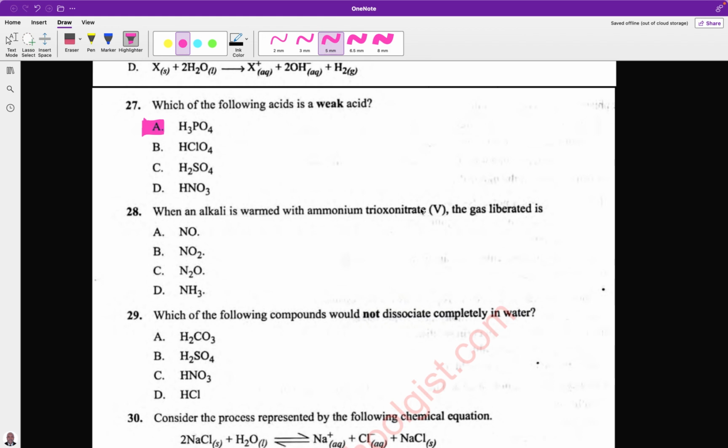And if the gas being produced here turns the red litmus paper blue, it shows that it is an alkaline gas. The only gas that is a weak alkaline gas is ammonia. So the gas that is released here is ammonia.